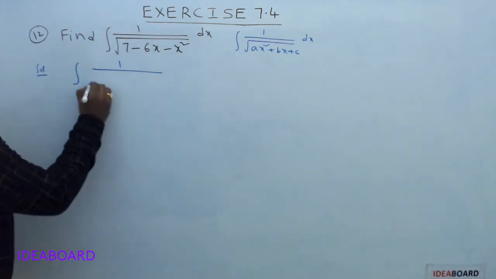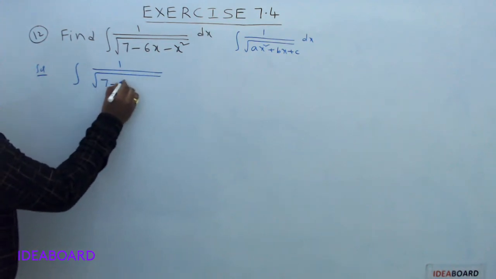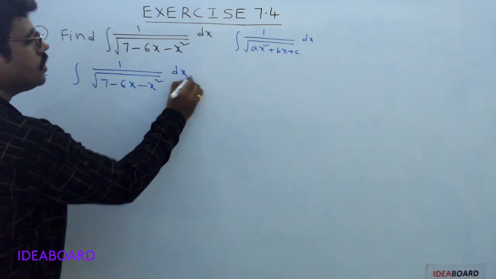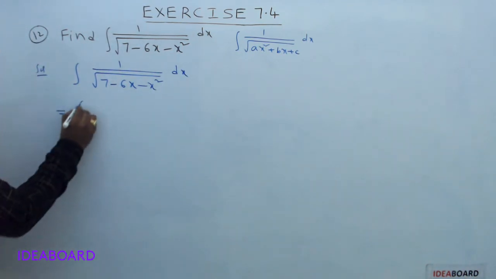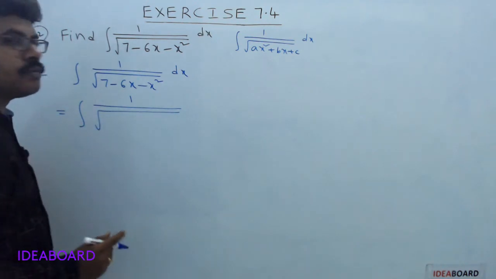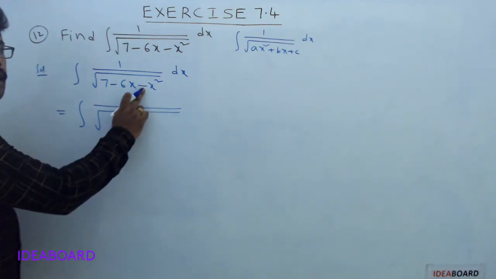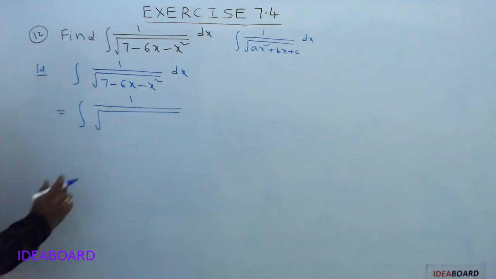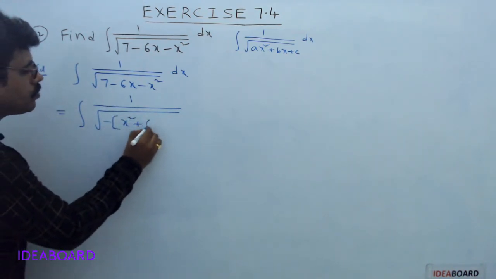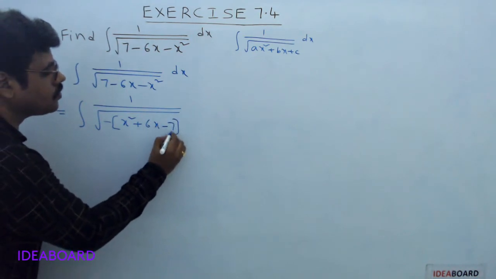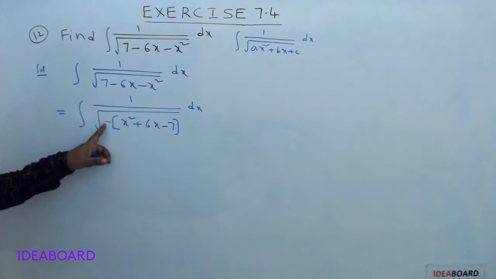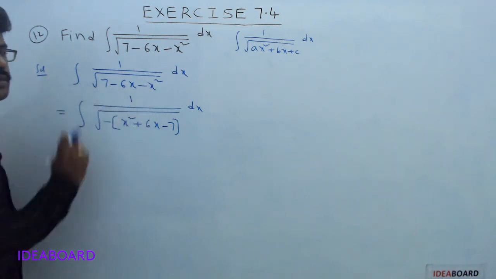Integral 1 divided by square root of 7 minus 6x minus x square dx. Now this is equal to integral 1 divided by square root of, take minus 1 common from these three terms, it is minus x square plus 6x minus 7 dx. Here what I am doing, I can take a negative sign common from these three terms.